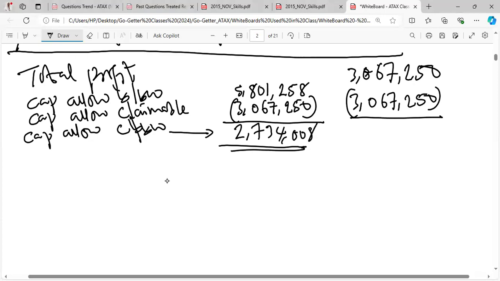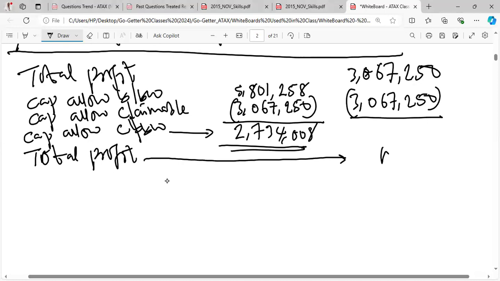Then of course, the new total profit will now be nil.